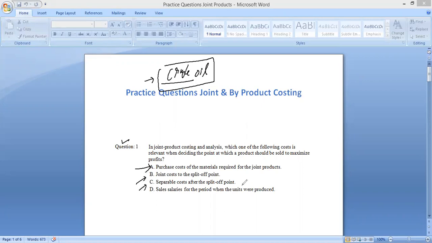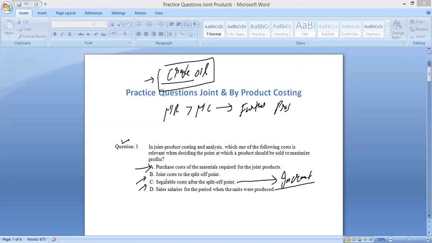Separable cost is actually the incremental cost, and you know that the decision about further processing we make on the basis of separable cost, which is our incremental cost. We said that when our marginal revenue is greater than marginal cost, we go for further processing.